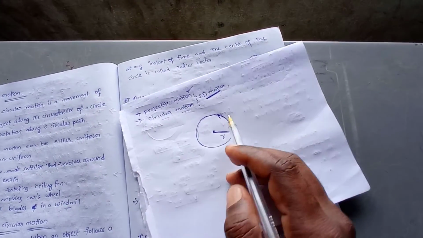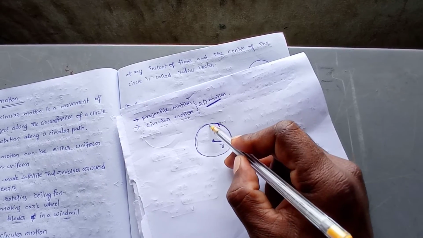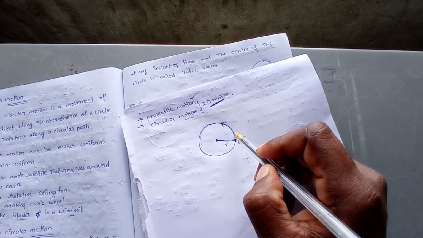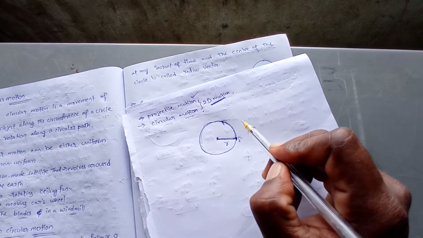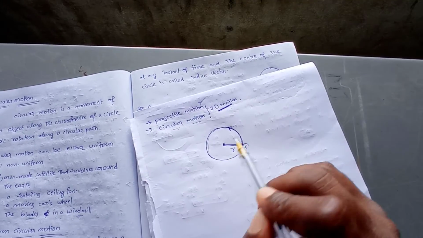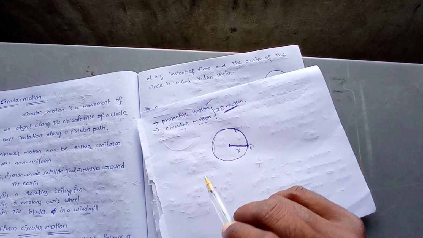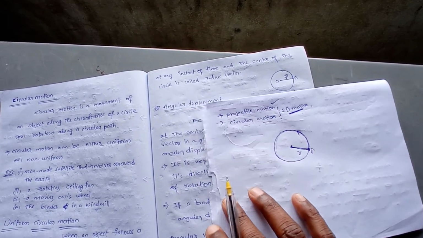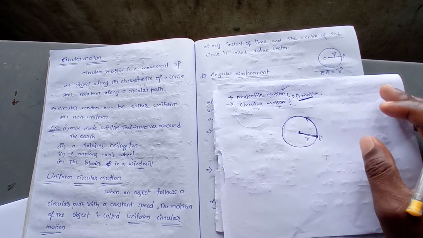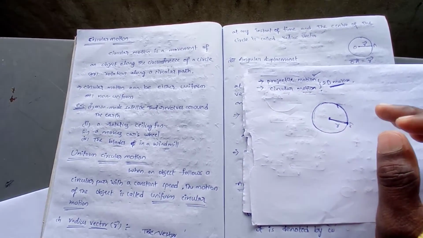Suppose a body starts at this point A, it is moving along the circumference with constant speed. The speed of the body is not changing. At any point the speed of the body is the same. Then the motion of the body is called uniform circular motion.